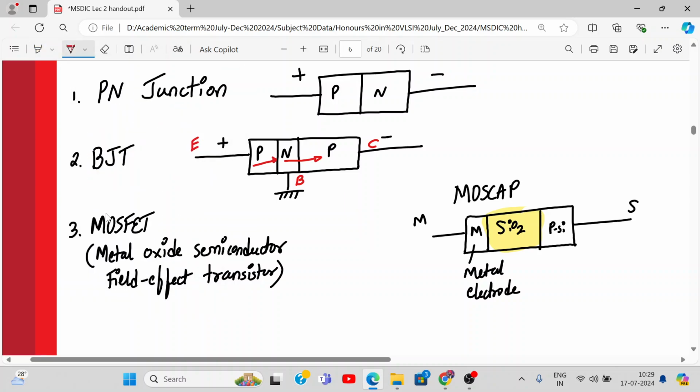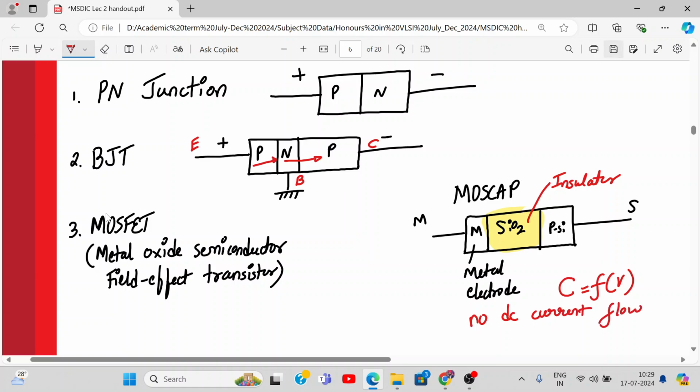Here the characteristic of interest is capacitance as a function of voltage. Because of the SiO2 layer, it is an insulator, there is no DC current flow.